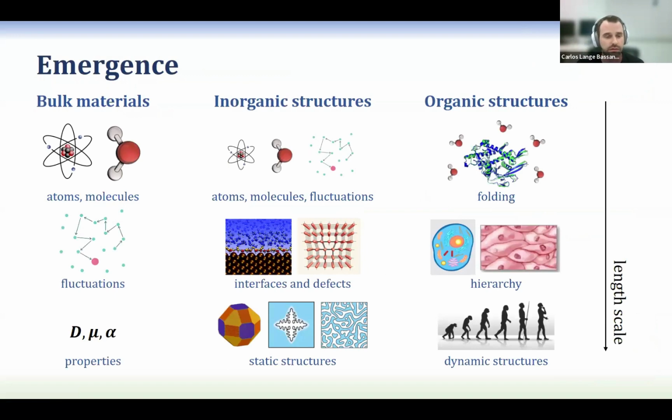So first, let's define what emergence is. Emergence is understanding something that emerged from basic principles into a structure, into something at a larger scale, and that can have different pathways and different ways of happening, right? We know from both materials, and that's classical statistical mechanics, if we have atoms, we have molecules.